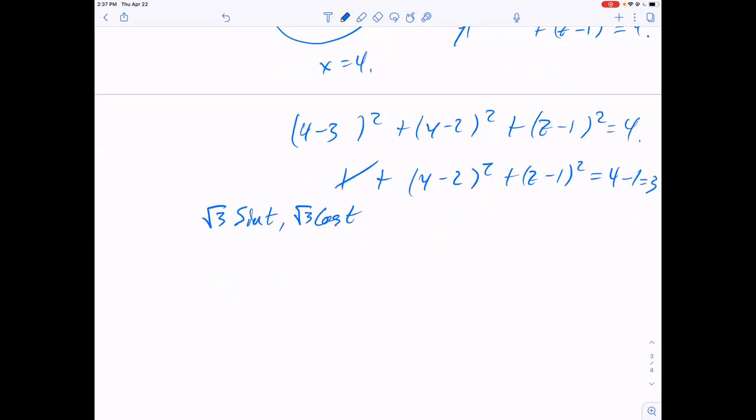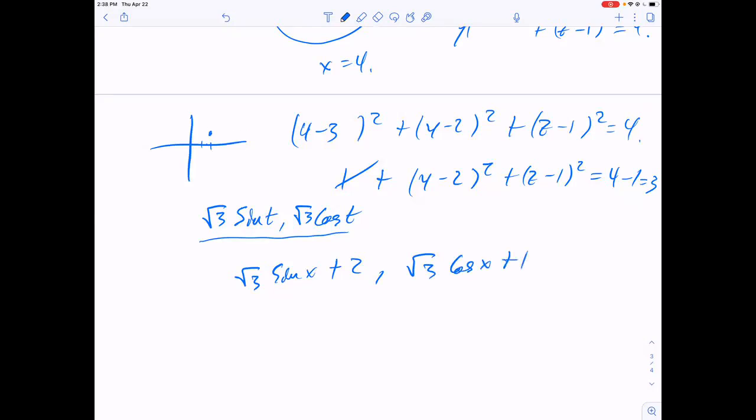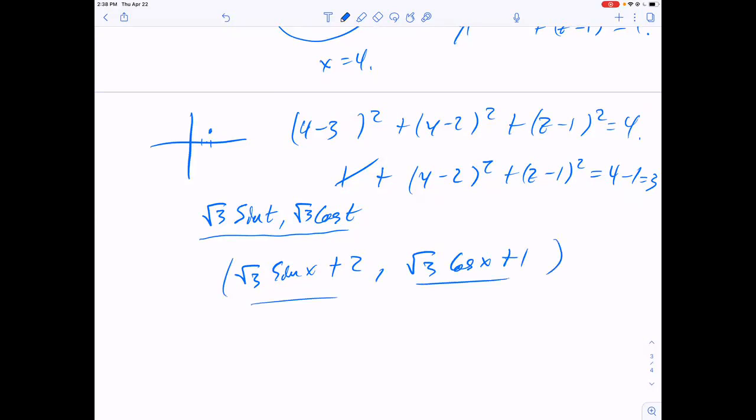But in this case, what we have is a circle that is centered around the point (2, 1), okay? So 2, 1. And what does that mean? It just means that we have to shift these coordinates a little bit, okay? And the way we shift them is we take √3 sine t plus 2 and √3 cosine t plus 1, because this is going to shift these two coordinates over and up, okay?